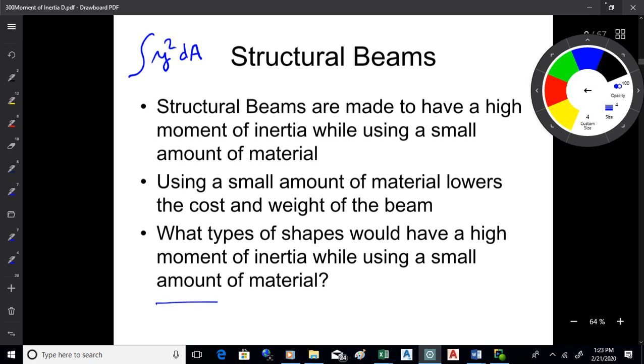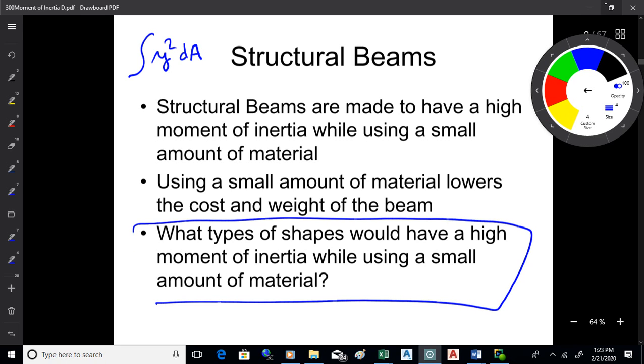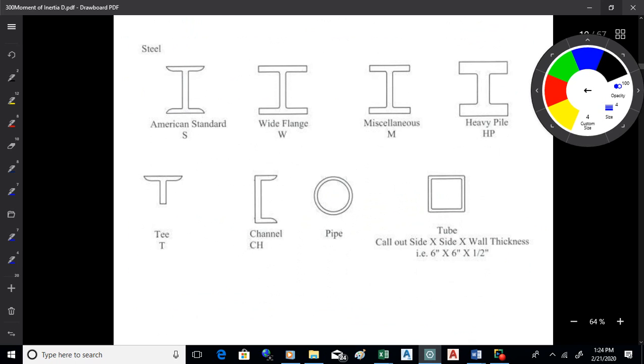So what types of shapes do you typically use in structures that have a high moment of inertia while reducing the amount of material? What do we make stuff out of for structures? What shape, typically? Yeah, I-beams, right, okay. So what you're doing with an I-beam, if here's the neutral axis, which goes through the centroid, is you're trying to get the area a long ways away from the axis, okay?